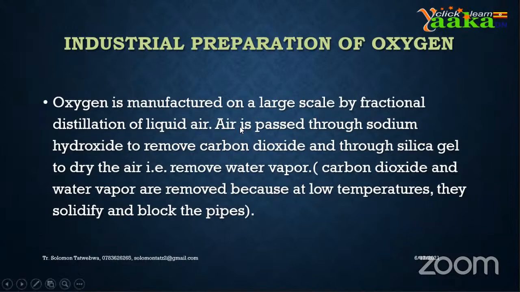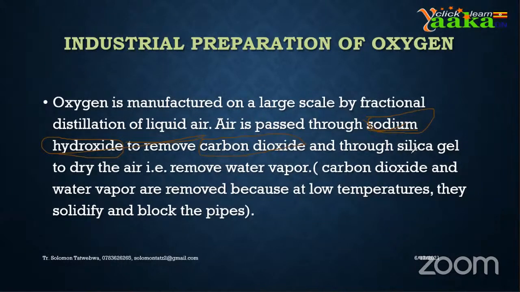So first you'll pass your air through sodium hydroxide right there, okay? Sodium hydroxide. So the sodium hydroxide is to remove carbon dioxide. We know that carbon dioxide is also a component of air.